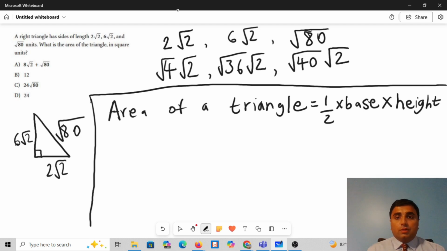In this particular case, the base is 2 times square root of 2, our height is 6 times square root of 2. So we're going to continue.